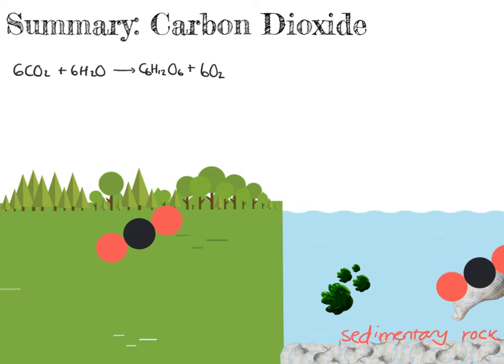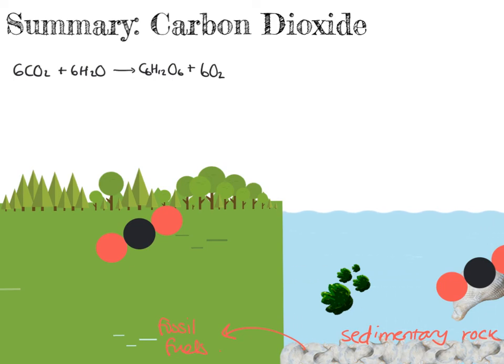So some carbon dioxide was locked up in sedimentary rocks. Now, because these sea creatures have fallen to the bottom of the ocean and they are being put under immense pressure, some sea creatures at the bottom of the ocean went on to become fossil fuels such as coal, oil, and natural gas. So the fossil fuels, coal, oil, and natural gas, were formed from sea creatures which had shells. Some of them became sedimentary rocks, some of them became fossil fuels, and because they had shells, they had previously taken in some carbon dioxide from the atmosphere.